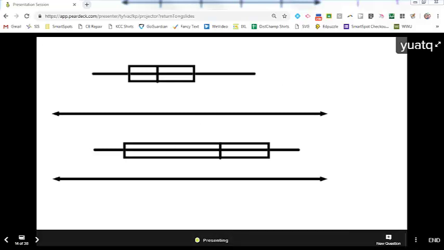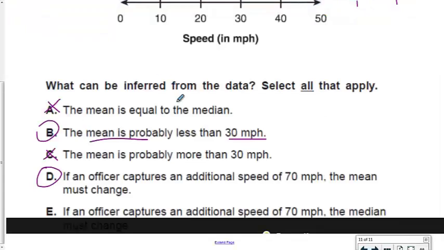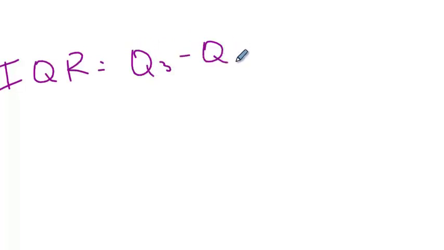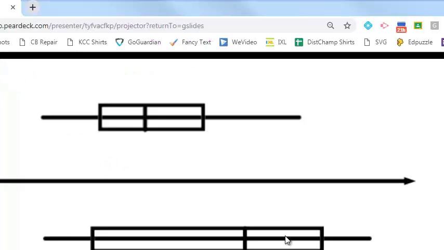Do you remember what the IQR is? IQR is the interquartile range. It is Q3 minus Q1. That's right. And looking at this, this is Q3, this is Q1. Do you see what I'm saying?